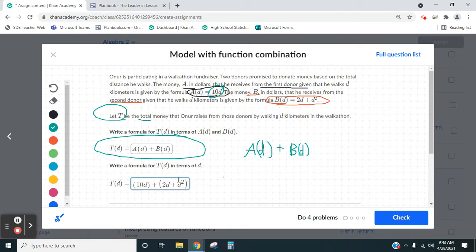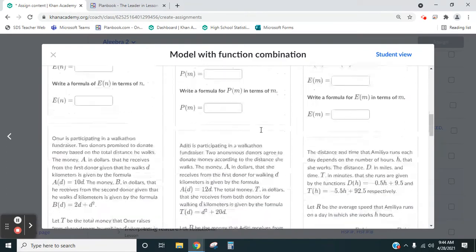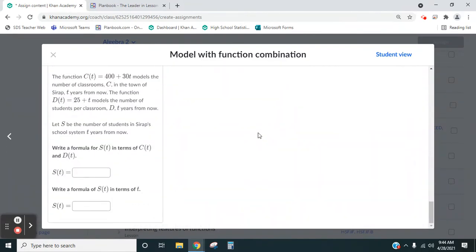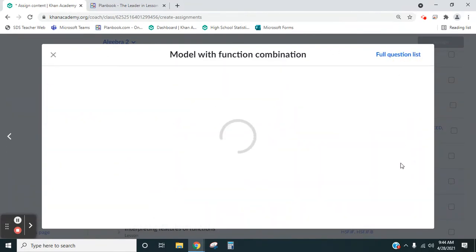Right there. Yep. Where did I get this? Good. Right there. Let's do another one. All of these are like this. Okay. So let's do one other one.